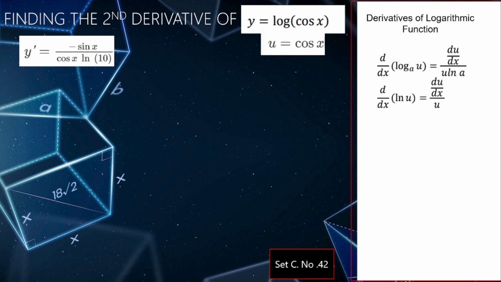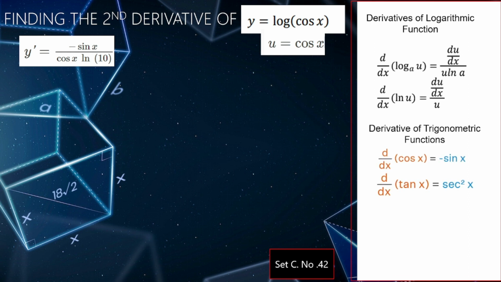And we will have y prime is equal to negative sin x, since the derivative of cos x is negative sin x. Then we will just copy the cos x to the denominator and we will place ln 10. Since it has no subscript, its default is 10.